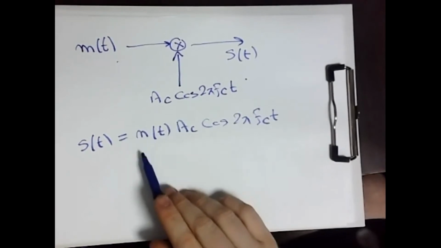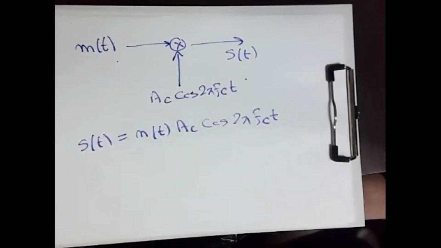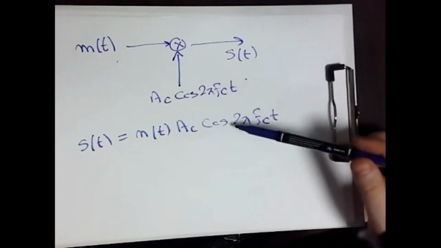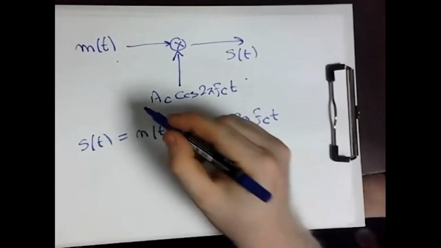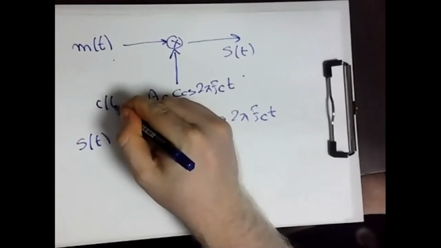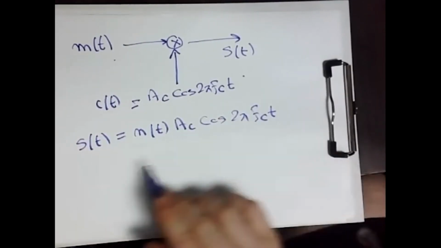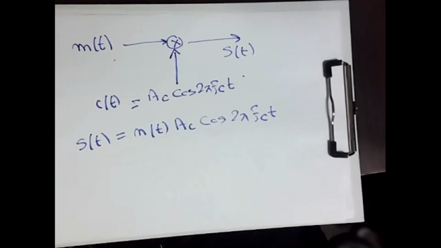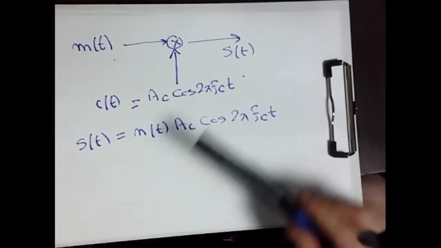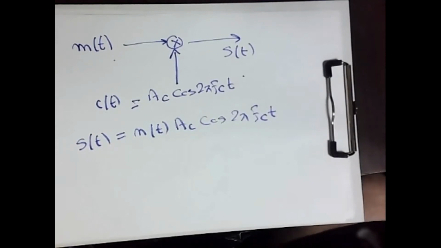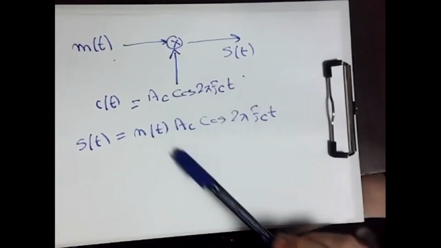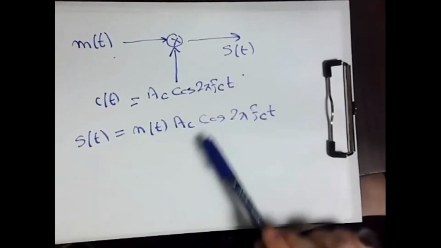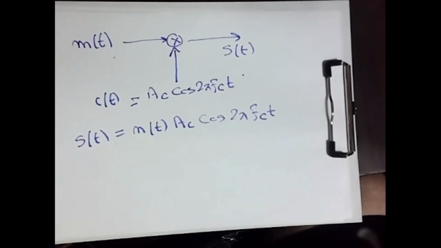Now, in this output signal, if you make a comparison between the carrier signal, c of t, and this output modulated signal, s of t, let's see. What about the cosine term? Exactly the same. Cosine 2 pi f_c t, no change. But the only change is here.